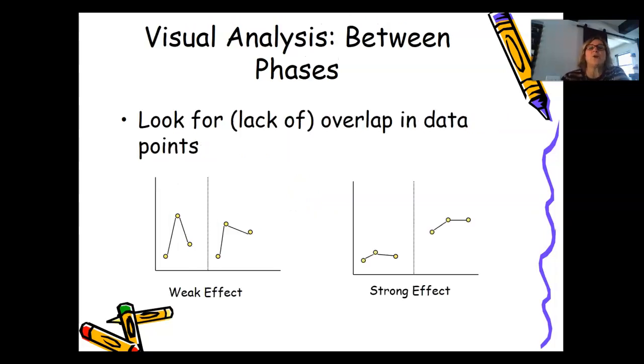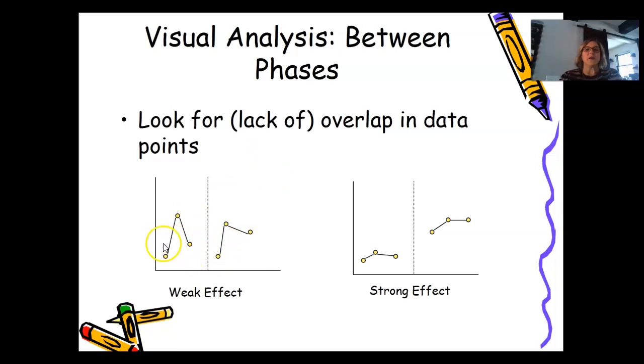We're also looking at the lack, we want to see a lack of overlap in data points. And this speaks to level that we see for a student. So the less data that overlap between baseline and intervention, that demonstrates more of a change in the student's behavior as a function of the intervention.